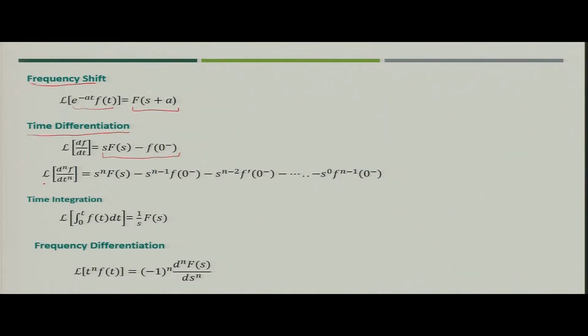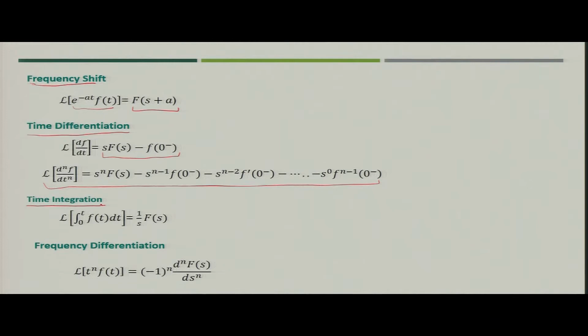We can generalize this: for the nth derivative of the function, the Laplace transform would be s to the power n F(s) minus s to the power n minus 1 f(0), minus s to the power n minus 2 times the first derivative of the function at 0, and so on. This gives the Laplace transform of the nth derivative of a function.